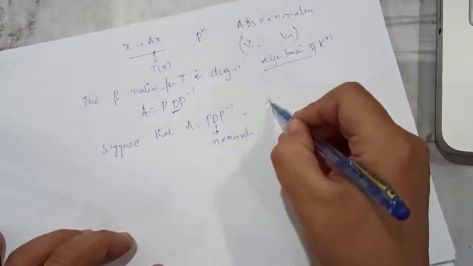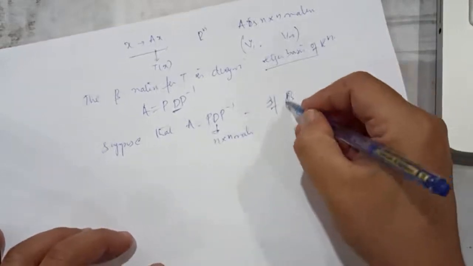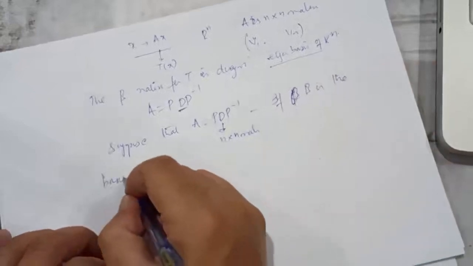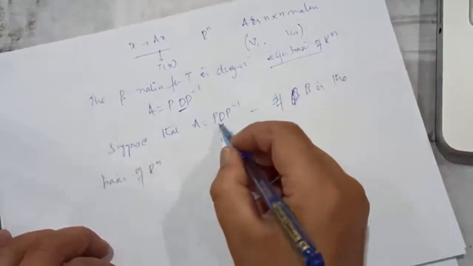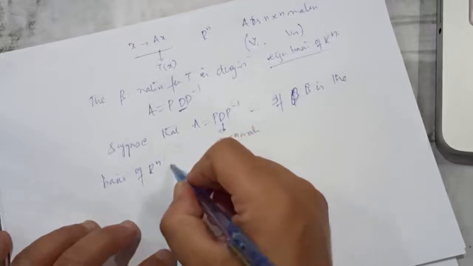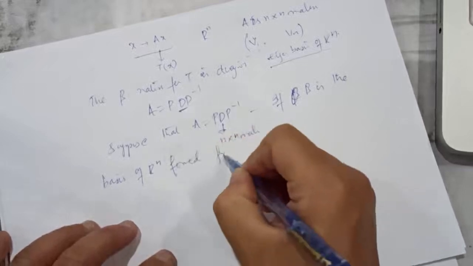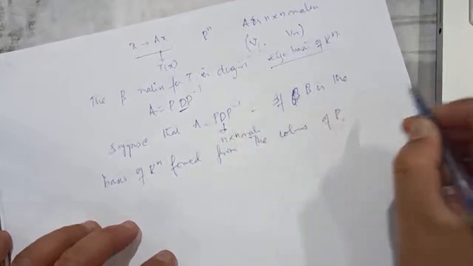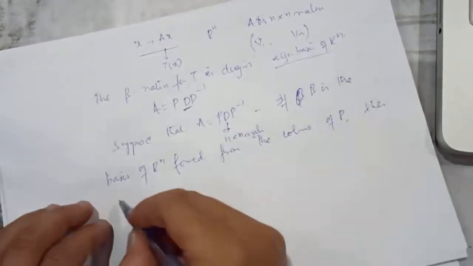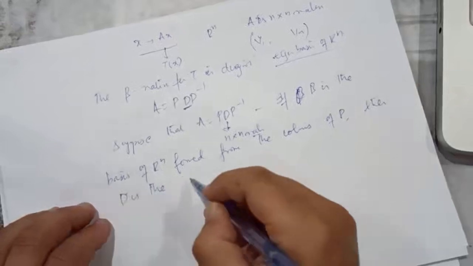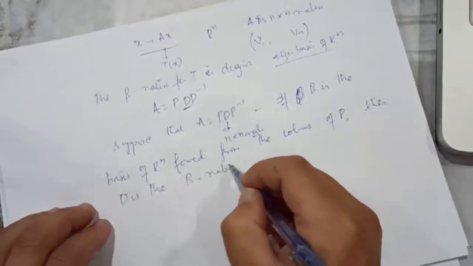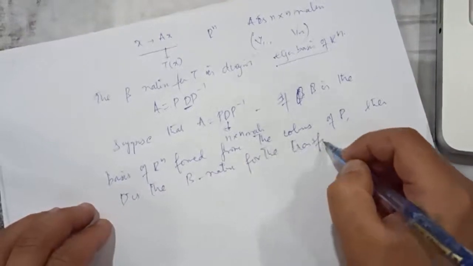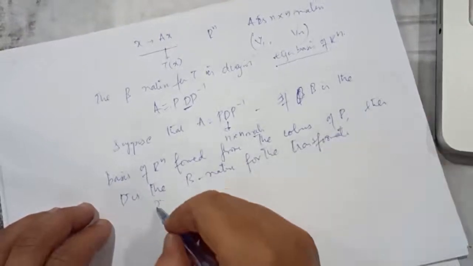Then if B is the basis for R^n, formed from the columns of P, then D is the beta matrix for the transformation x to A of x.